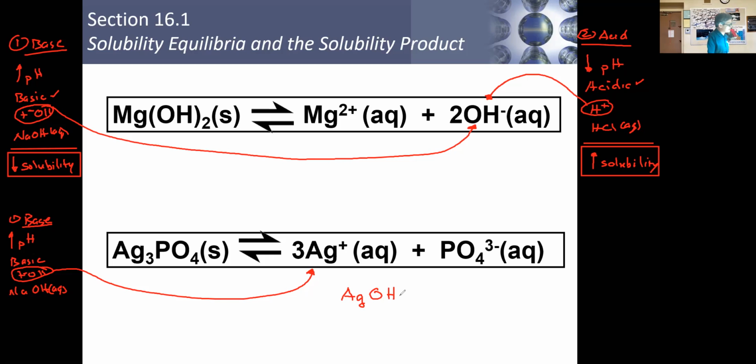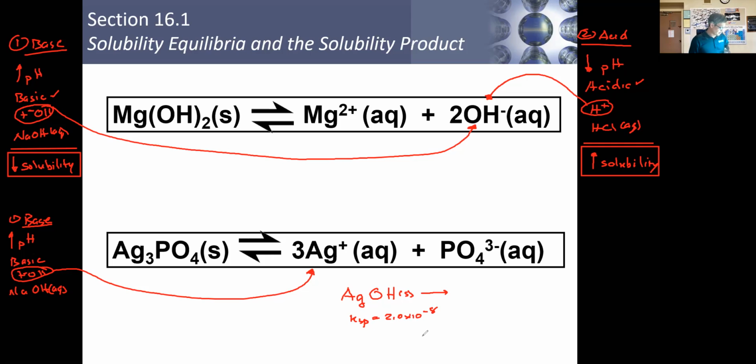Let's take a look at the KSP. Let me grab my table here. The KSP for hydroxides, and we have silver hydroxide. We add this in, so we make this new substance, silver hydroxide. If it forms a solid, that means if it precipitates out, its KSP value is 2.0 times 10 to the minus 8.